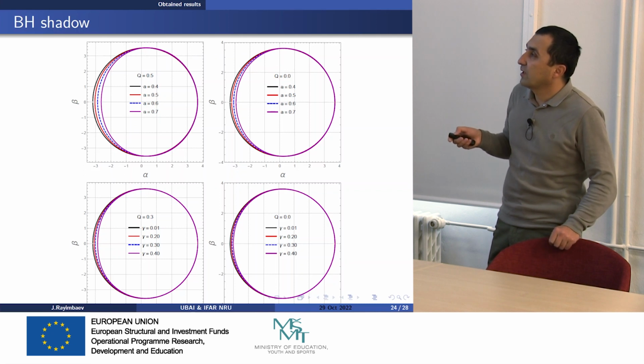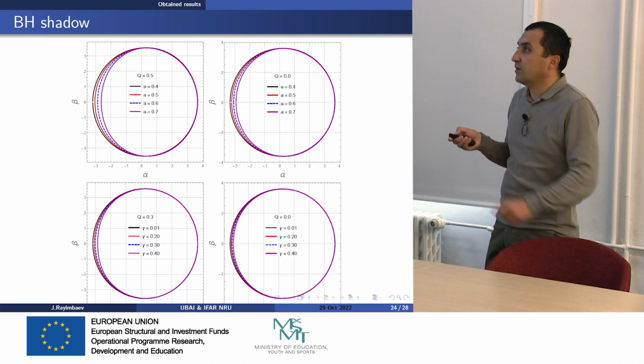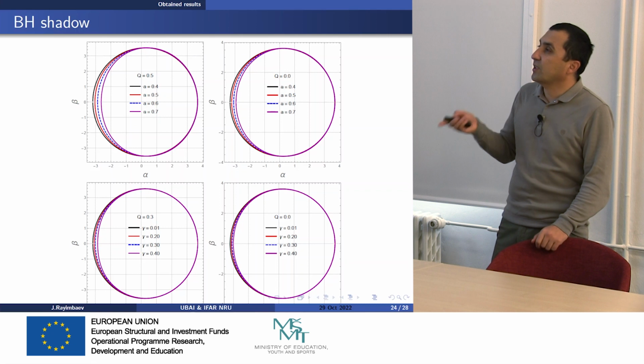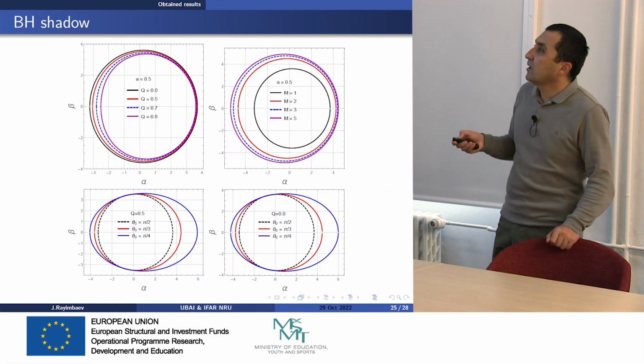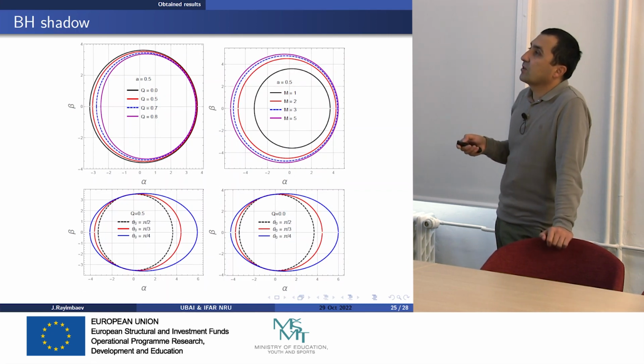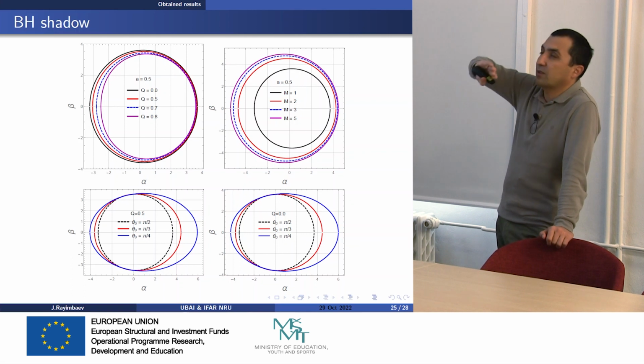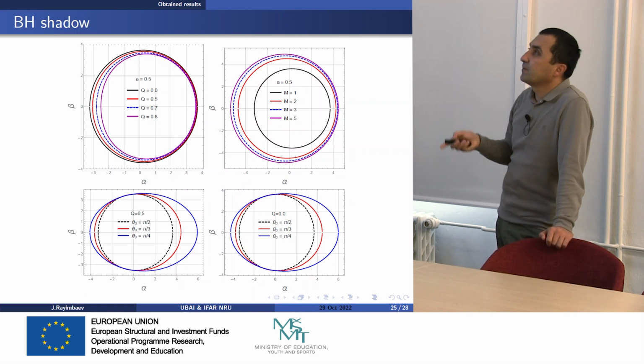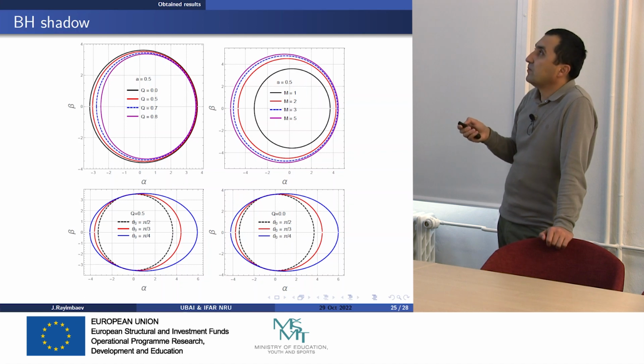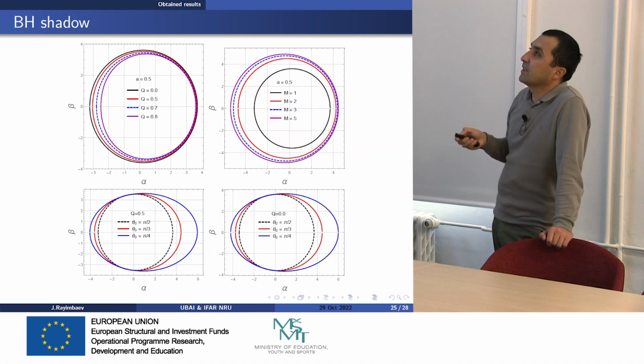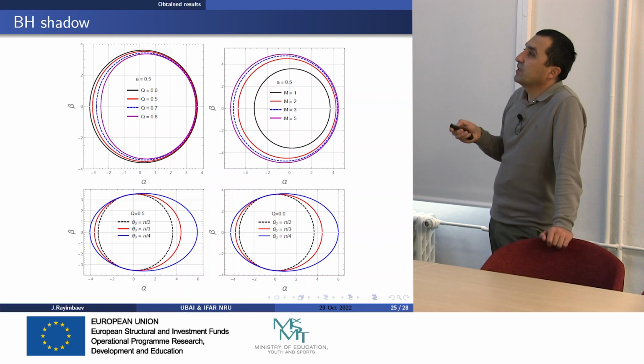It also makes distortion in the shadow size. Here is the shadow at different observational angles, and for different parameters of mass and charge.